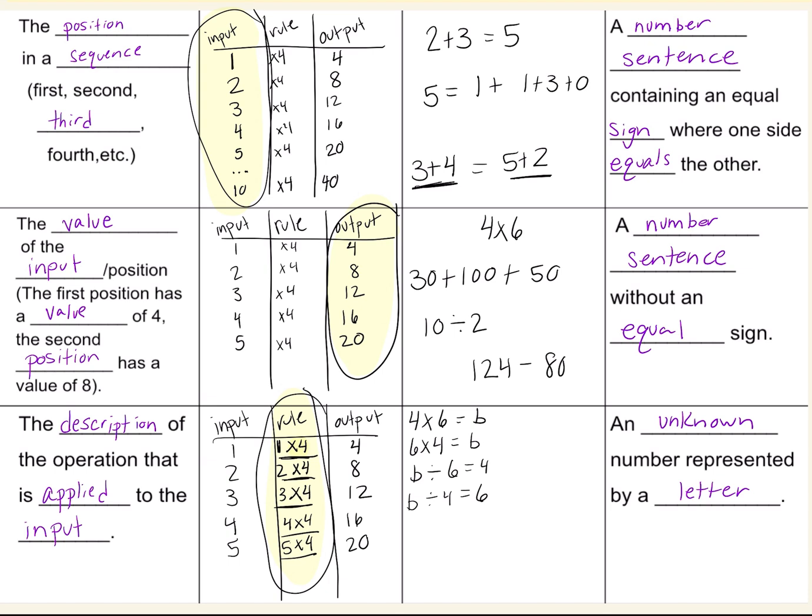I could also do this with addition or subtraction: 8 plus 2 equals C, or 2 plus 8 equals C. I could also do C minus 8 equals 2, or C minus 2 equals 8.